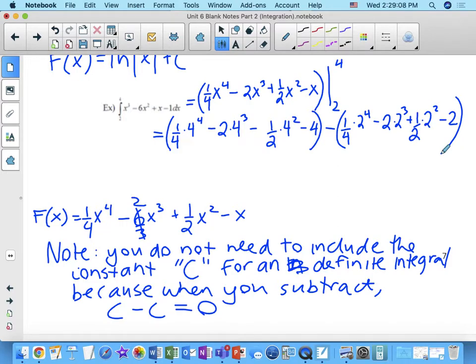Okay, so anyway, what is that? A quarter times 4 to the 4 is 4 cubed, so that's 64. And then 2 times 4 cubed, 64 times 2, is 128, minus 128. And then half times 4 squared, 8, plus 8, minus 4.